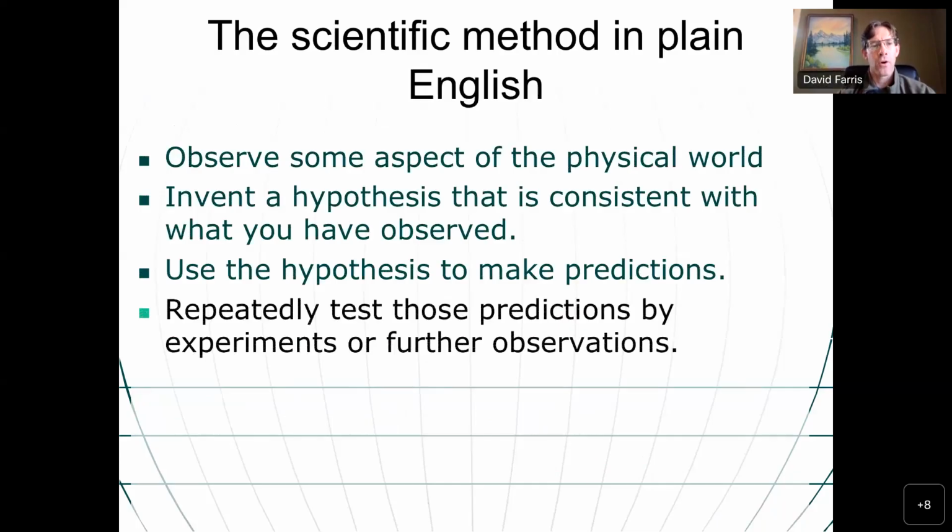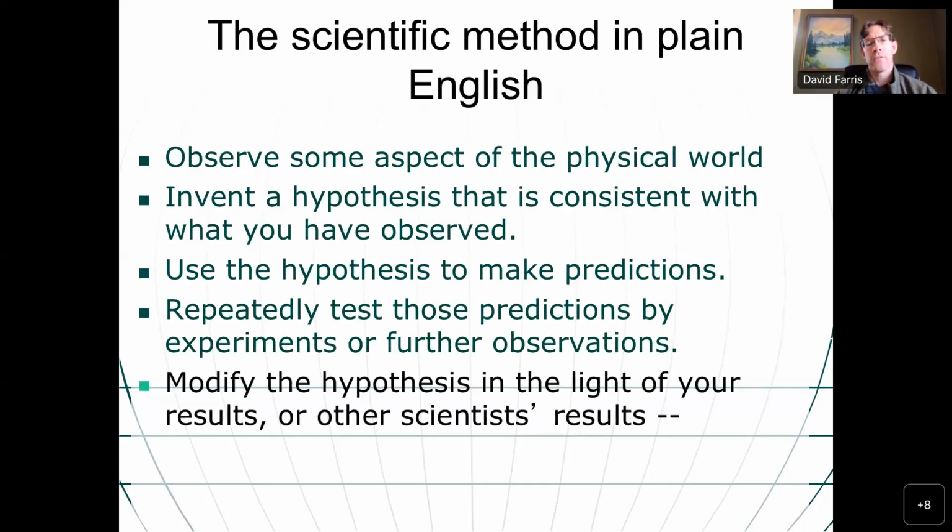How this works is, if you start at knowledge zero, you don't know anything about a particular field, the first thing you do is go out and make some observation about the physical world. Then you invent a hypothesis. This is really an educated guess as to why those observations exist.